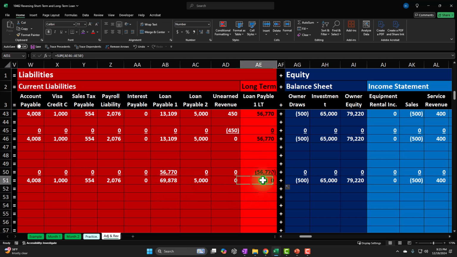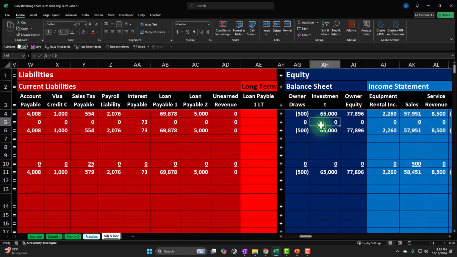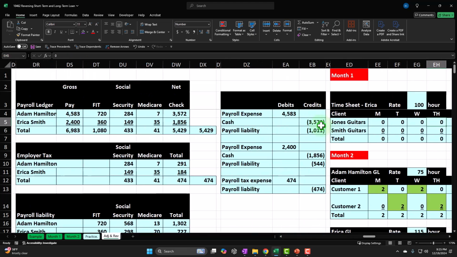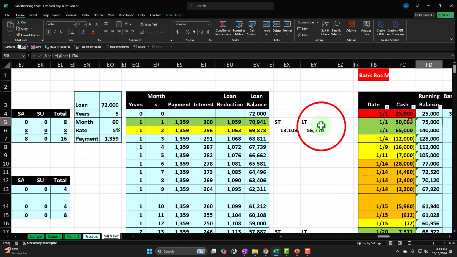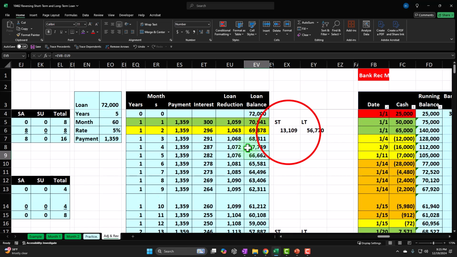The long-term portion has gone away. So the 69,878 should tie out to what's in the amortization table. So now when they make their next payment, they're going to be right here, 69,878. The next payment will be right here, and they'll be able to move on nice and cleanly.